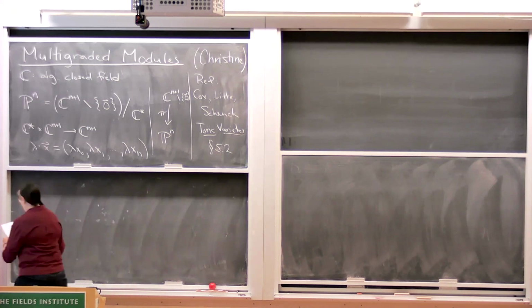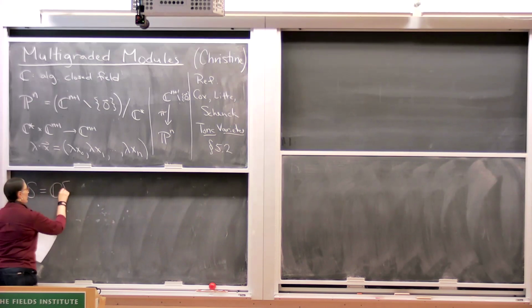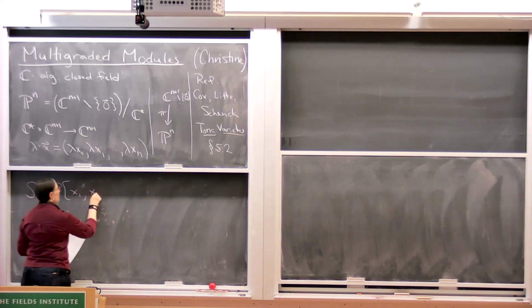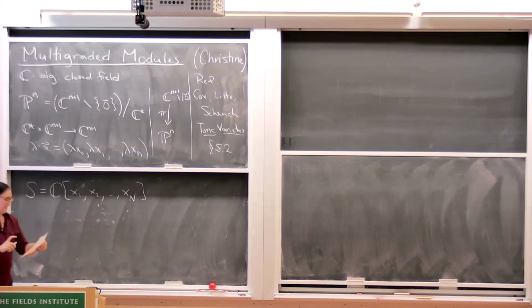Now I'm going to keep using S for my ring, but I'm going to drop x0. Help me remember that's a capital N now.